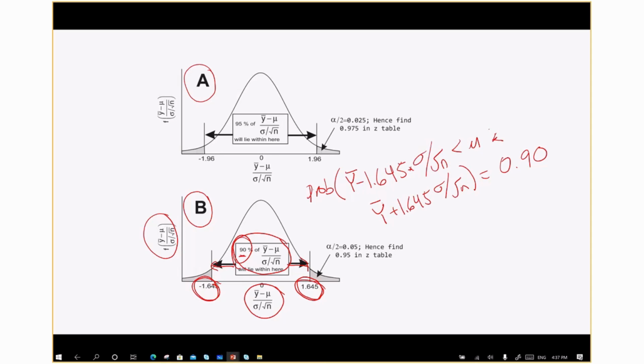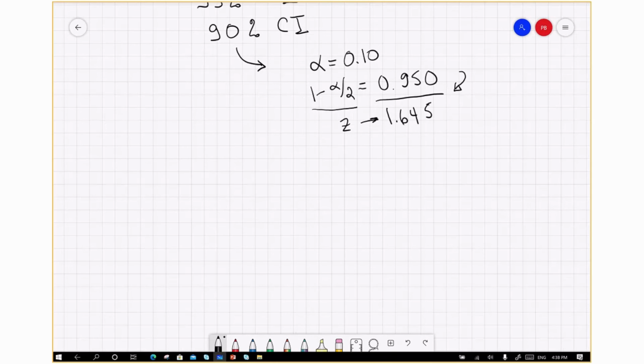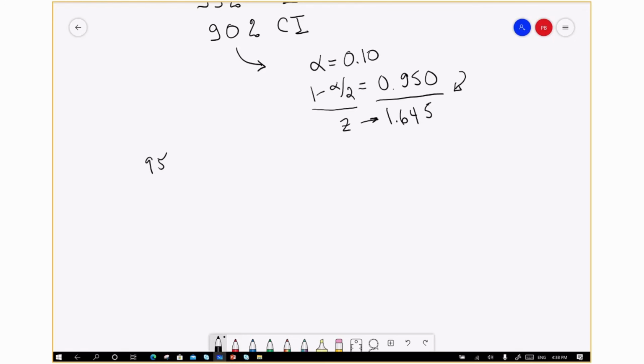And so if we go back to the whiteboard, we see from our Z table that if 1 minus alpha over 2 is 0.95, then Z is equal to 1.645. So now what we can say is, if you want a 95% confidence interval, it's y bar plus or minus 1.96 sigma over root n. If you want a 90%, it's y bar plus or minus 1.645 sigma over the square root of n.